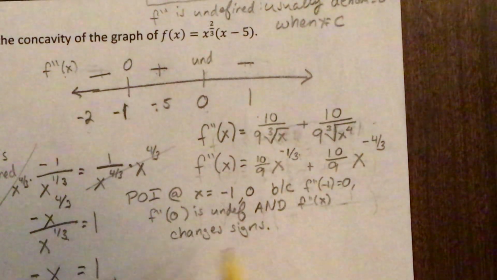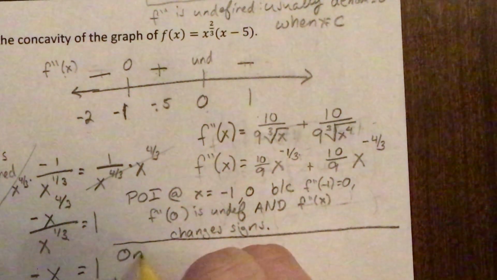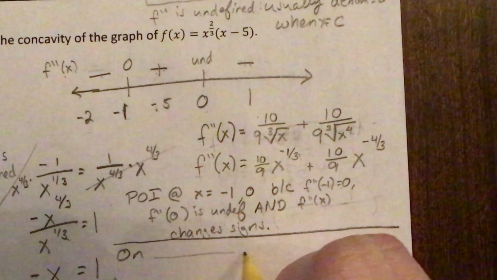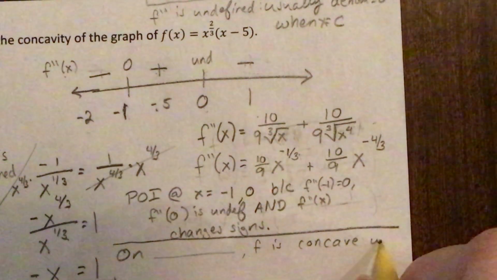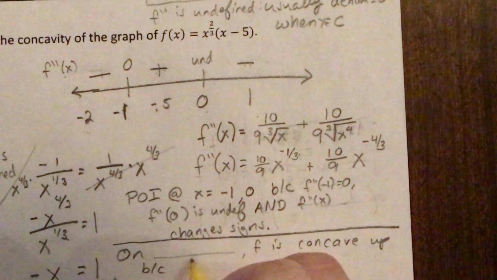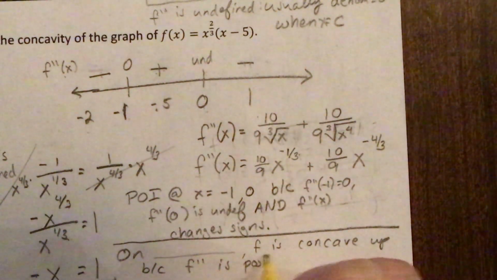Then it says discuss the concavity. I'm going to say on and then leave a blank, f is concave up because f double prime is positive.